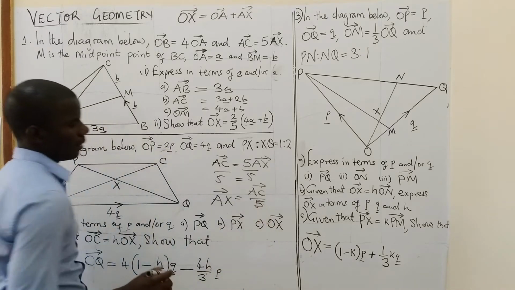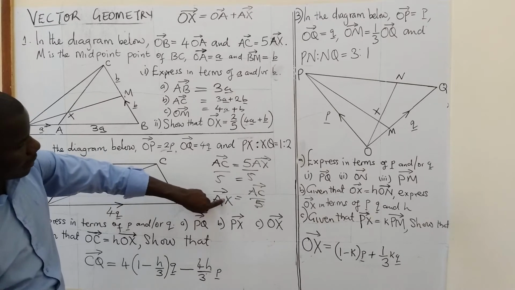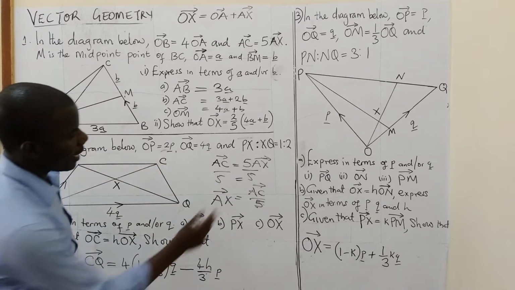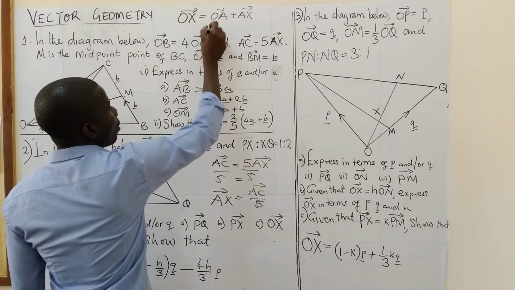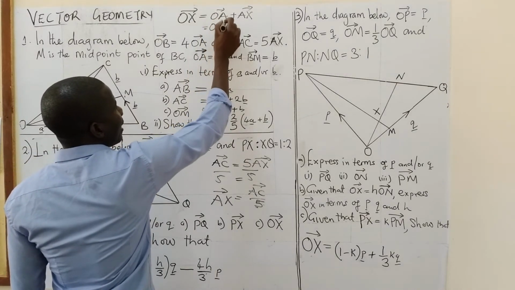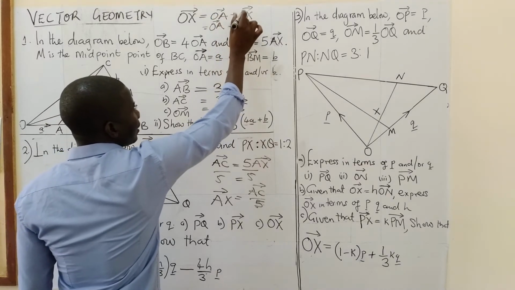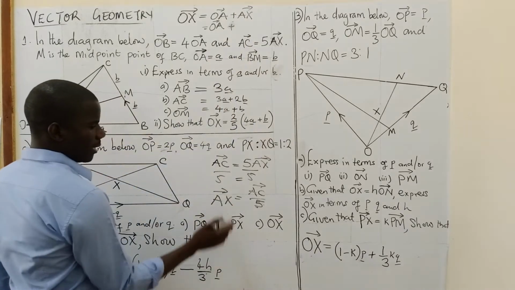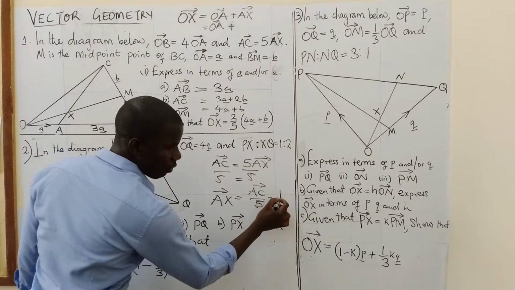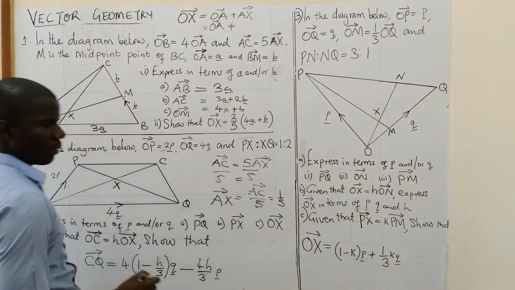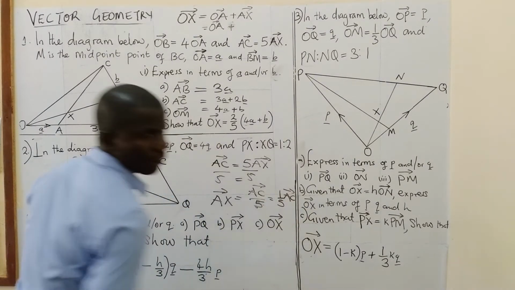Our AX is equal to 5AC divided by 5, which is, in other words, we are saying this is OA plus, what is this one here now? This expression here is the same as 1 over 5, then AC.